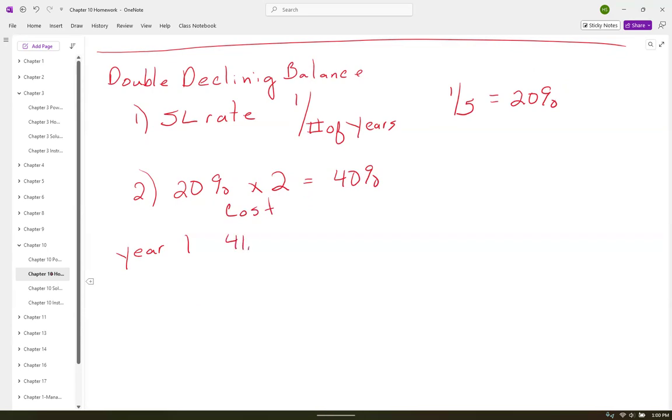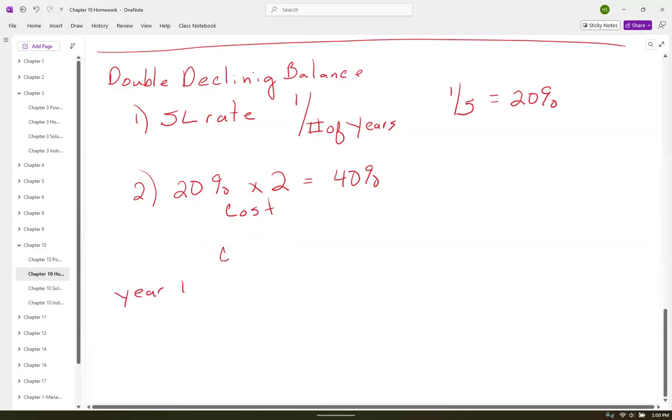We're going to take the 41,000, not the 40,000. You'll see why as we get down to the bottom of this, because we can always take a percentage of a number, so we leave the residual value in here for now.